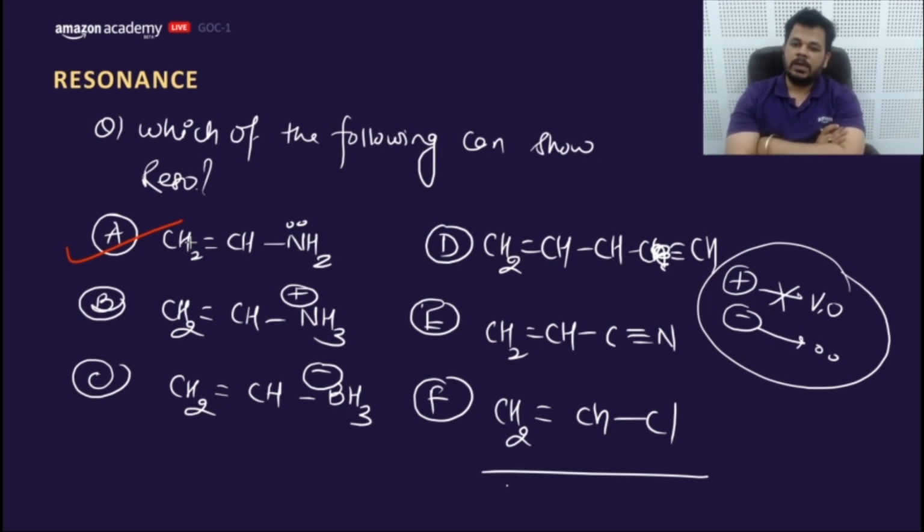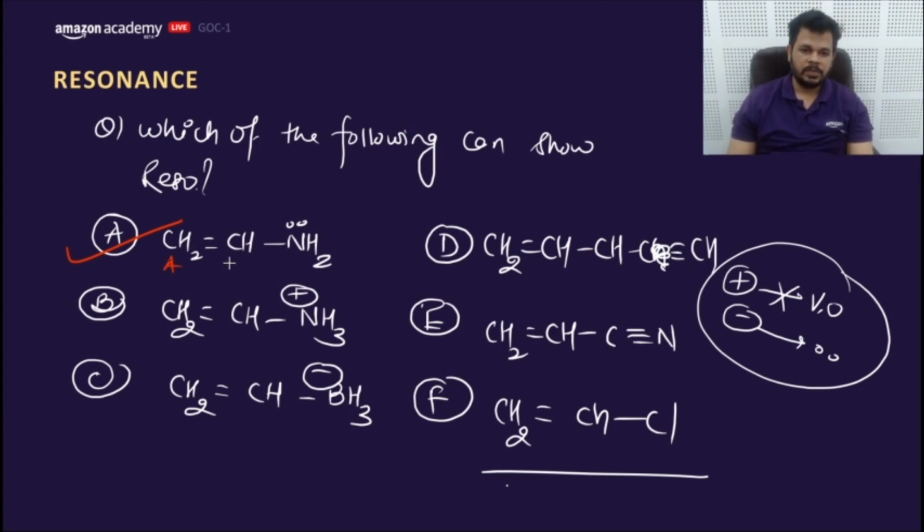ABC. Wrong. ABF. You missed one point. ABCE. Let's try to understand.